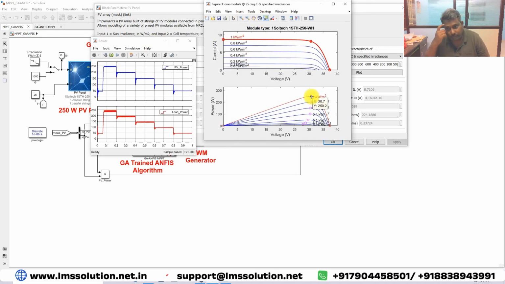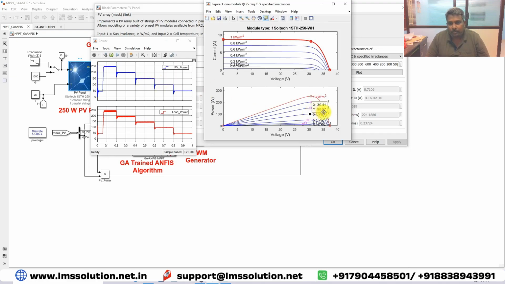For 1000 watts per meter square, the maximum power is 250.2. Here you can see that we are getting the maximum power around 250 watts. For 800 watts per meter square, the maximum power is 199.9. Here also you can see that we are getting the maximum point. For 600, the maximum point is 149.6, and here we are getting around 149 watts.